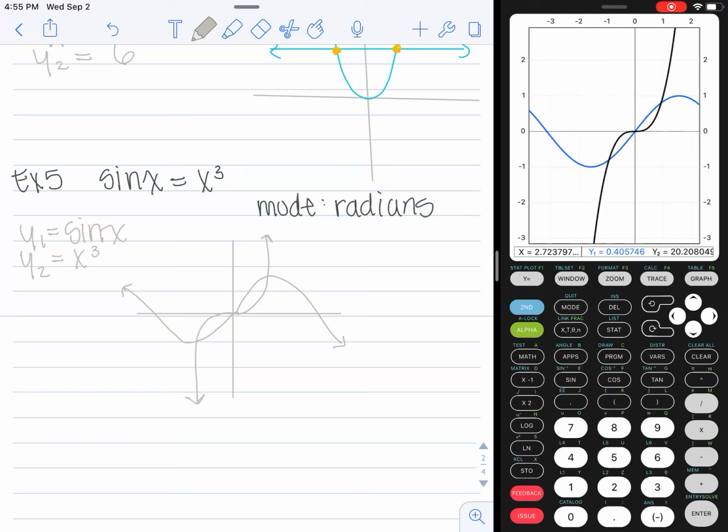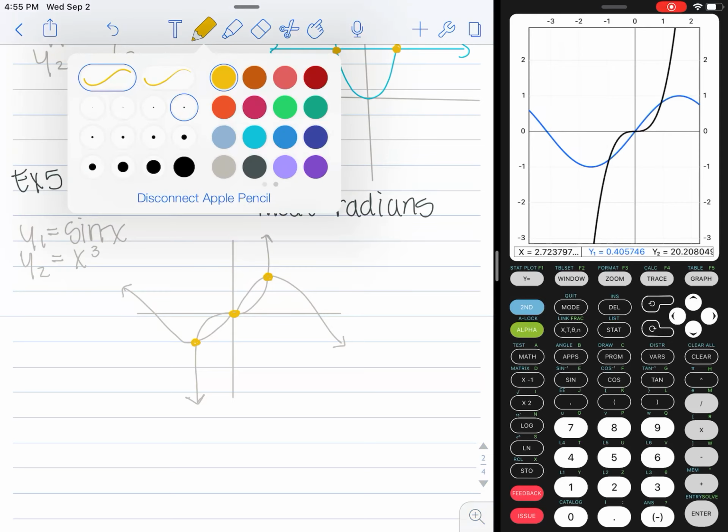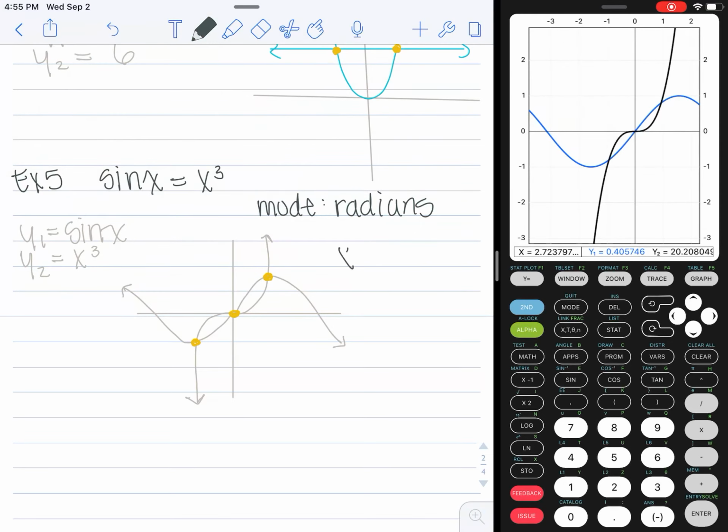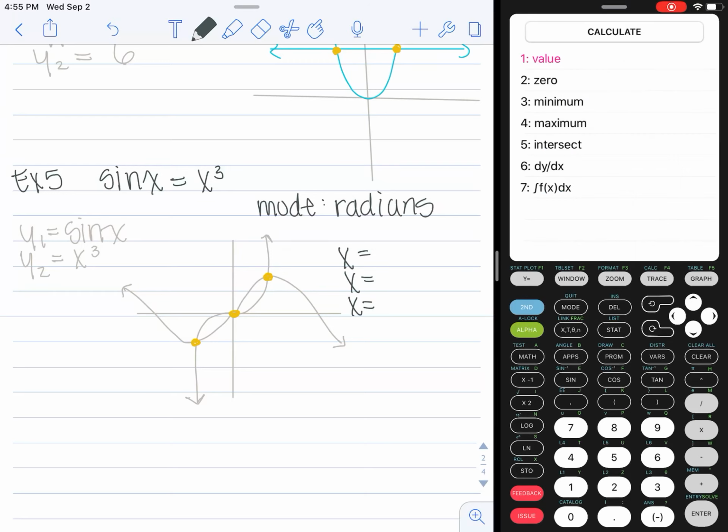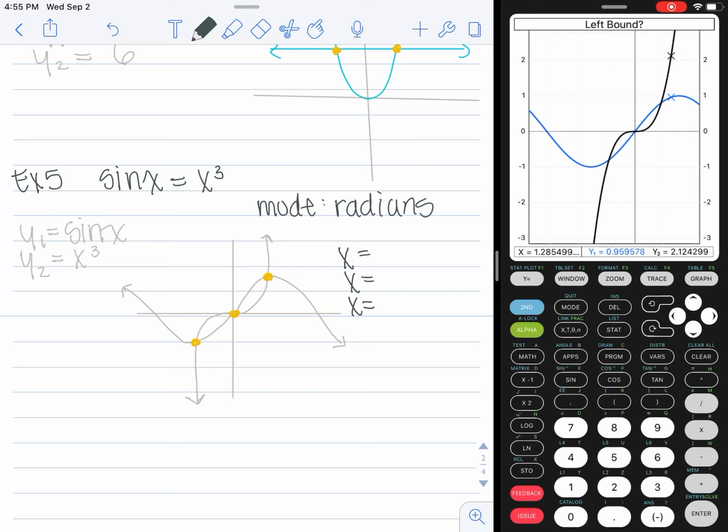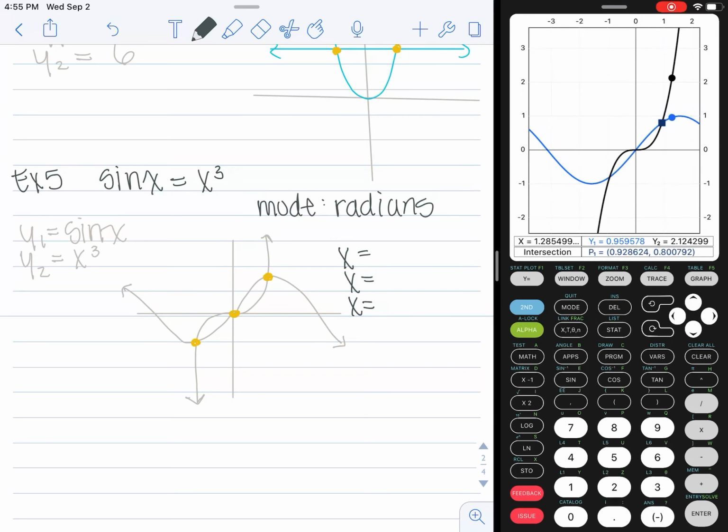Alright, then we have some intersections. Make those noticeable. Let's actually find what they are. So it looks like we have 3. So I'm just going to write those out. And second, trace 5. Let's find the most right one. So that's about, again, let's round that, 0.93.